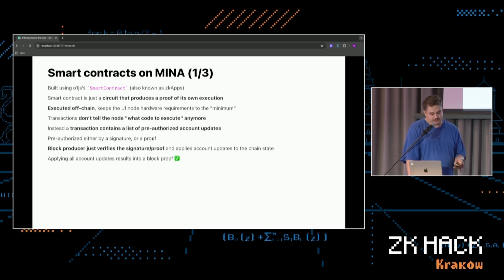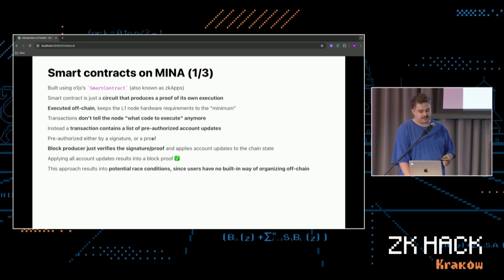All right, so we come back to the block proofs again. That's easy. One thing that comes out of the design of the smart contracts of Mina is that we have potential race conditions. And we have the race conditions because all of the contracts are being executed locally off-chain.